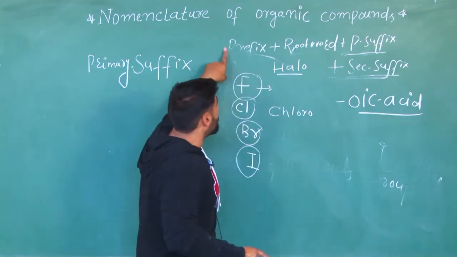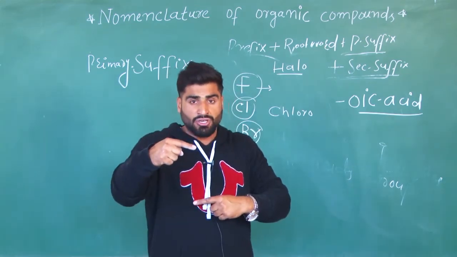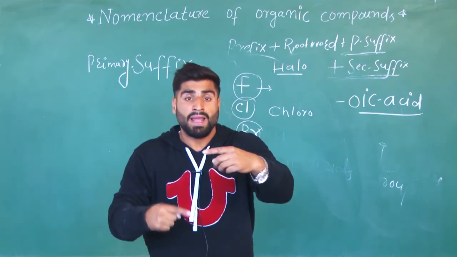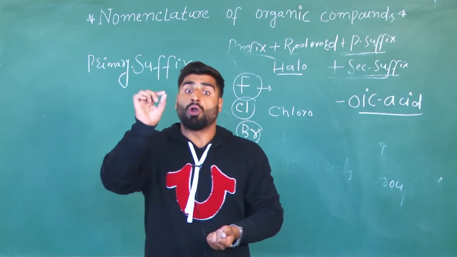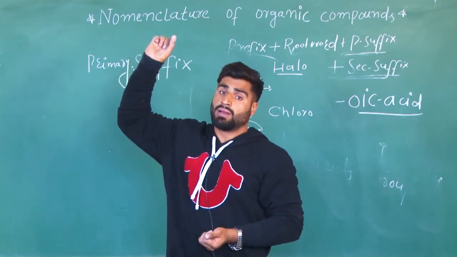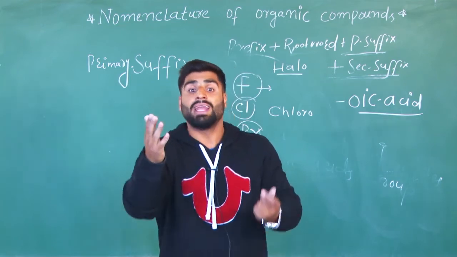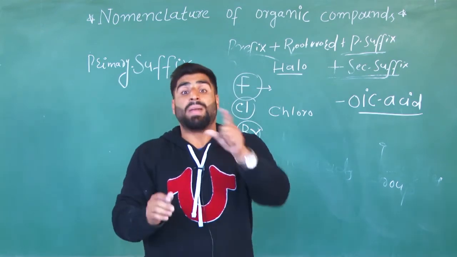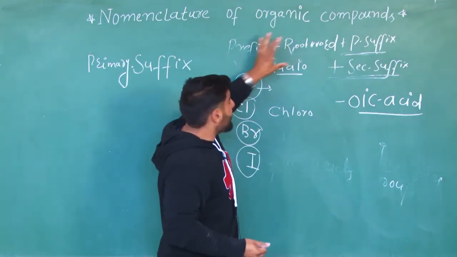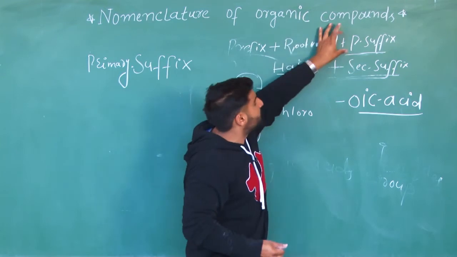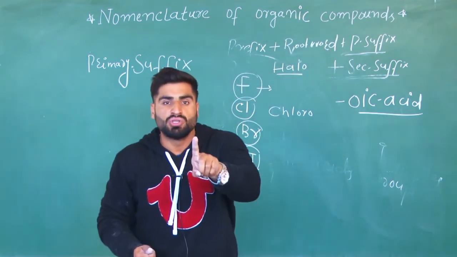So now we will be shifting to the second tier of the nomenclature. What is that second tier? That is the rules of nomenclature. As already stated in the earlier topic, nomenclature is the science of naming organic compounds based on their structure, which we discussed in terms of prefix, root word, primary suffix, secondary suffix, and certain framed rules.